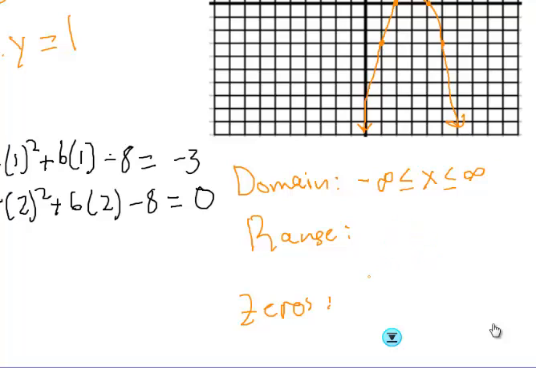Your range is looking at your y values. Since our graph is going down, it's actually going to negative infinity in the y direction. But then when you go up, it stops here at +1. So that's your range. You can also look at your max to tell you what your range is going to be. I'll give you a hint. Domain for all quadratic functions is negative infinity to positive infinity, but your range deals with your maximum or minimum value.